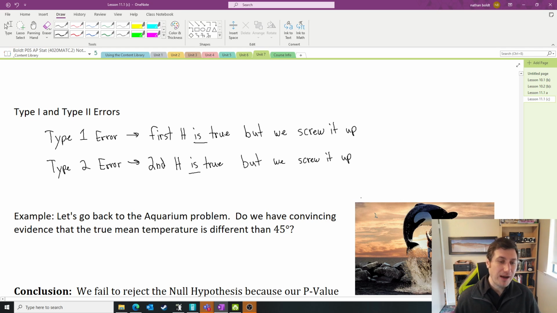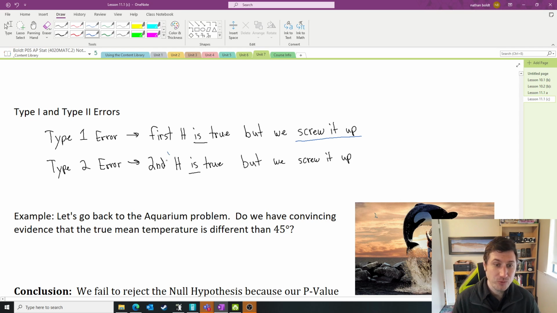That's how I'm keeping them straight in my mind. Now, you do need to be able to interpret then, what does it mean to screw it up? But hopefully that's a logical progression that you can come up with once you remember which one is which.